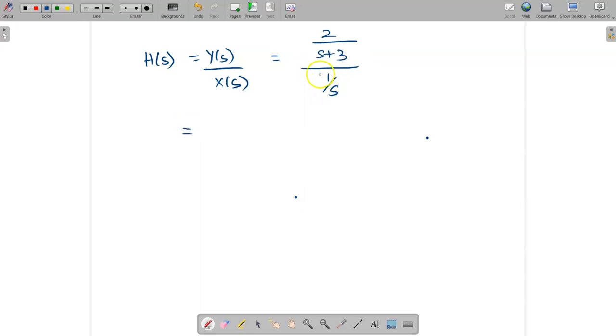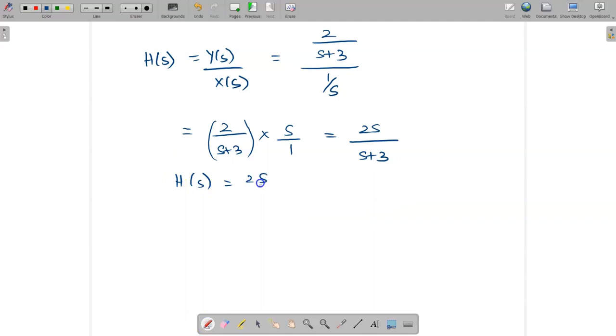Okay. So just take the reciprocal of this term. So 2 by s plus 3 is there as it is. So when you take reciprocal, it is s by 1. Okay. So it is nothing but 2s divided by s plus 3. Okay. So your h of s is given by 2s divided by s plus 3.